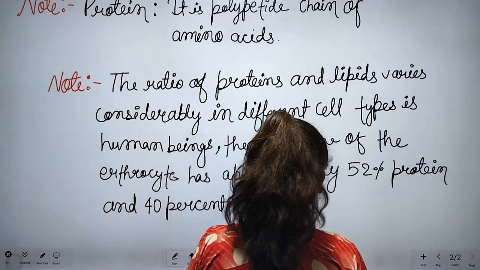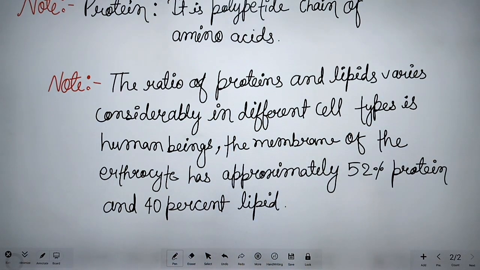Okay, so here one more note point is that the ratio of protein and lipids varies considerably in different cell types in human beings, but the membrane of the erythrocyte has approximately 52% of protein and 40% of lipid. Okay, in human cells it varies, but in the blood cell it doesn't vary. It is approximately 52% of protein and 40% of lipid.